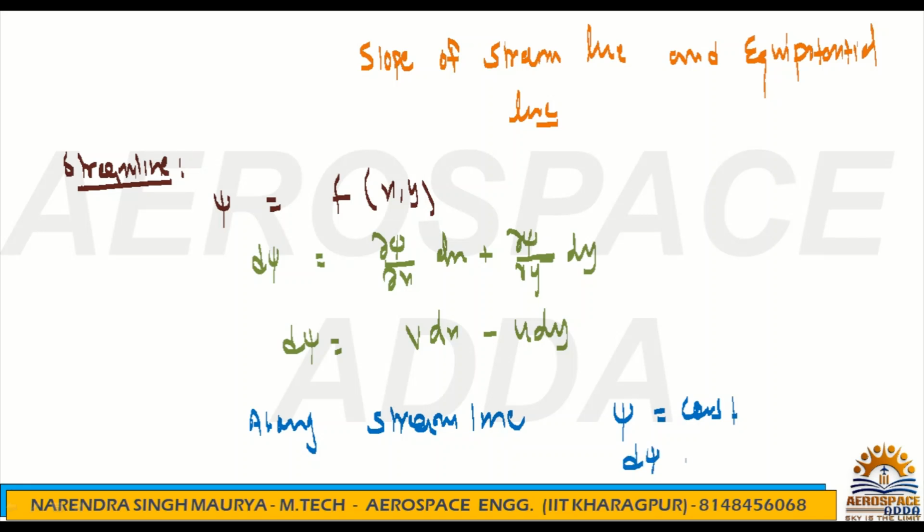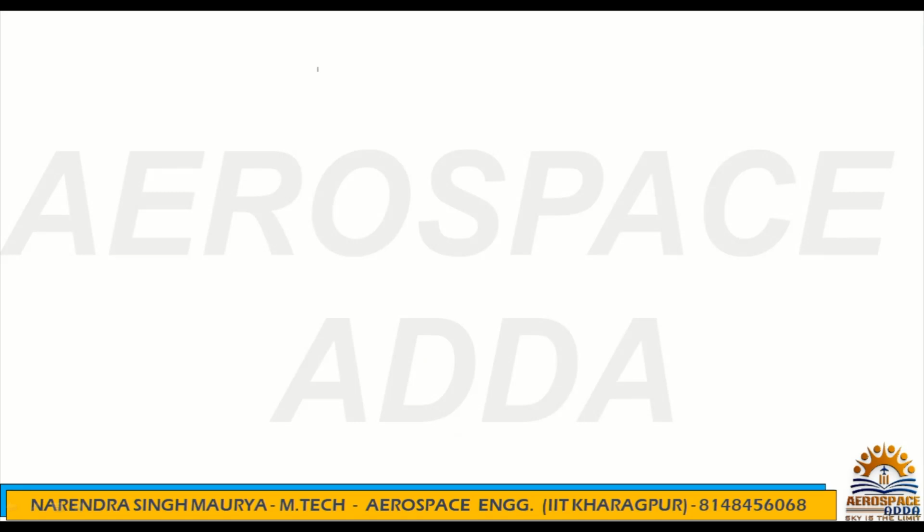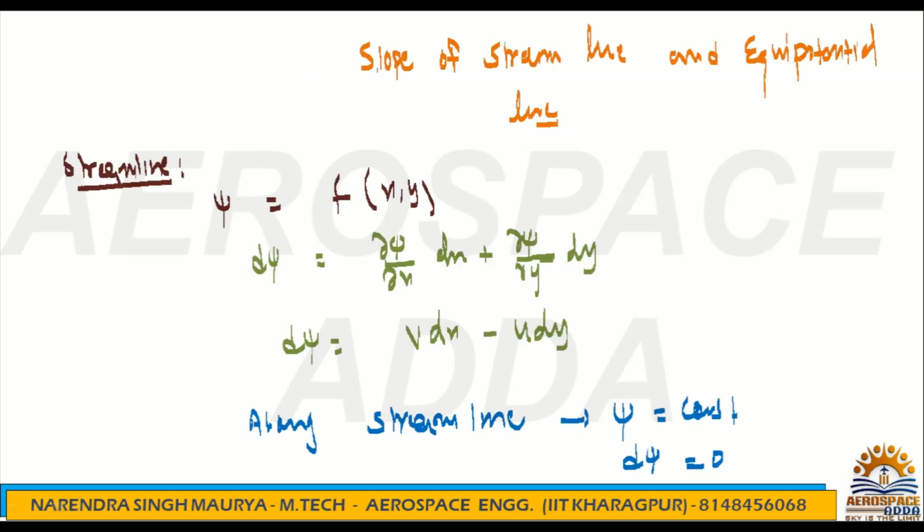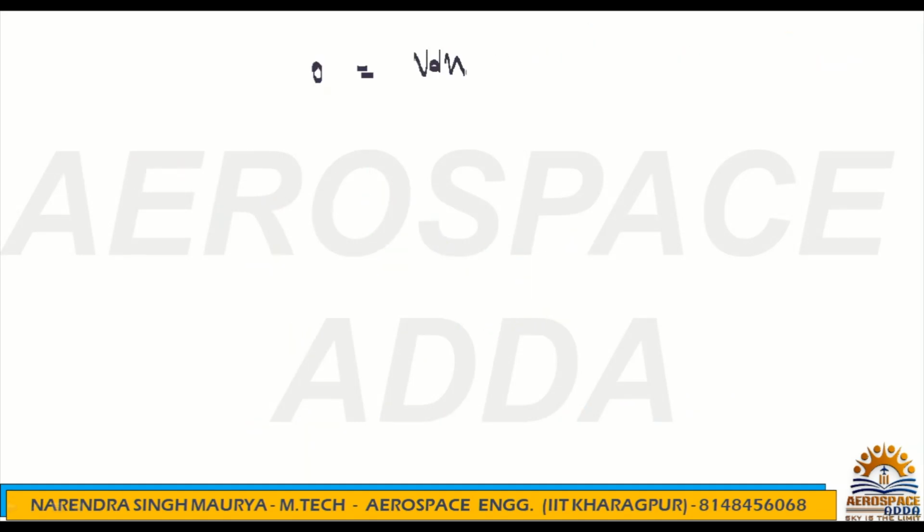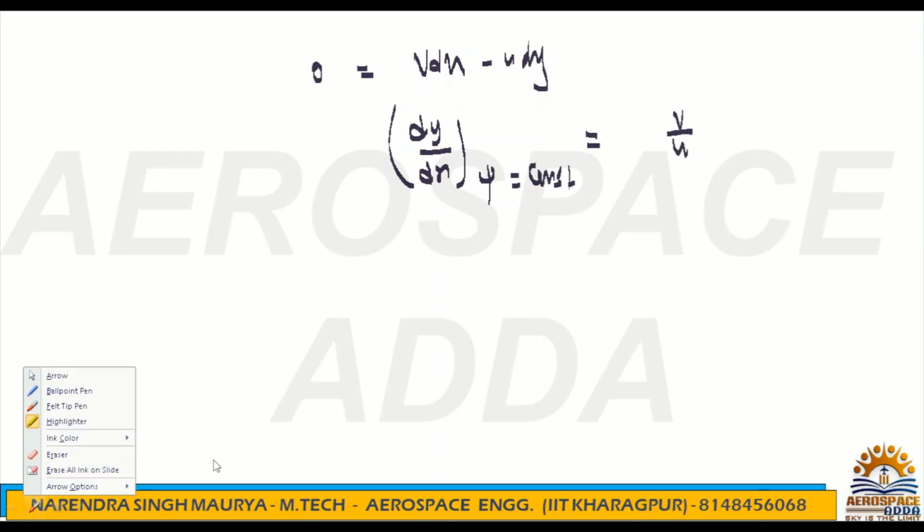So what is d psi? It will be 0. Always remember, along a streamline the stream function psi is constant, as we already saw in the last lecture. So along a streamline d psi will be 0, right? If it is 0, then we have v dx minus u dy equal to 0. What is dy by dx, which is the slope of the streamline, for which psi is constant? It's nothing but v by u. This is equation number 1.